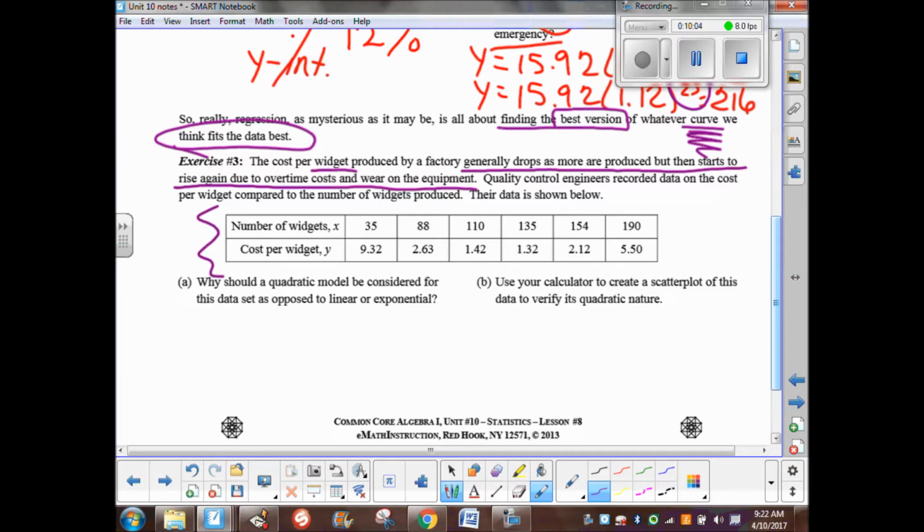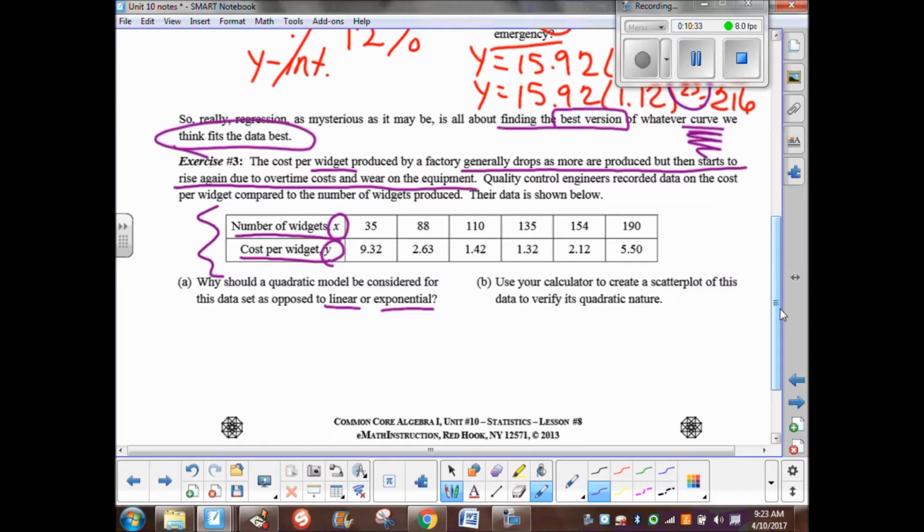It says quality control engineers recorded the data, cost per widget compared to the number of widgets produced. So the number of widgets is X, the cost is Y. So kind of take a look and see what's happening with the data. Why should a quadratic model be considered for this data set as opposed to linear or exponential?